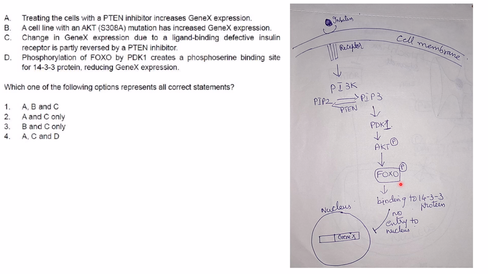This phosphorylation of FOXO will help in the binding of the 14-3-3 protein, and this binding of the 14-3-3 protein will inhibit FOXO from entering into the nucleus and resulting in the transcription of the genes. FOXO is a transcription factor, so it has to enter the nucleus and bind to the DNA to result in the transcription of genes. Now FOXO is prevented from entering the nucleus, which means it will not be able to bind to that gene. There won't be transcription of that gene.